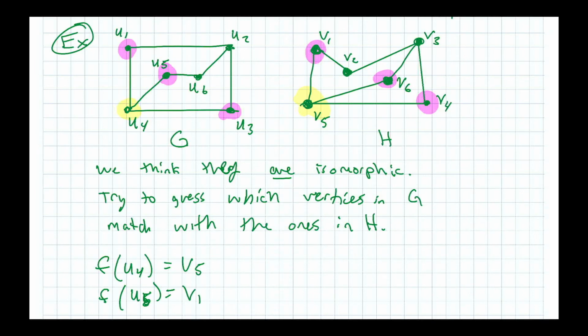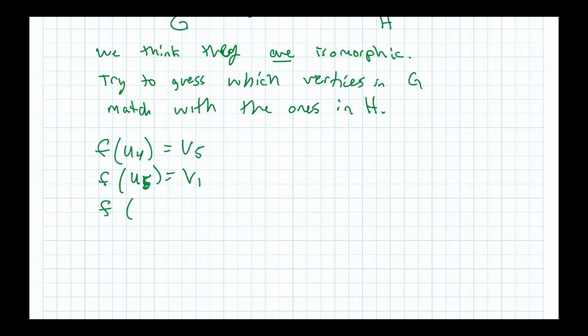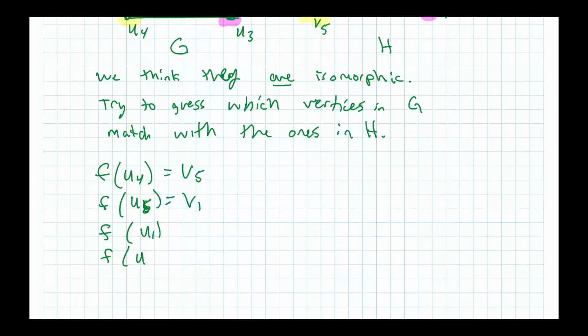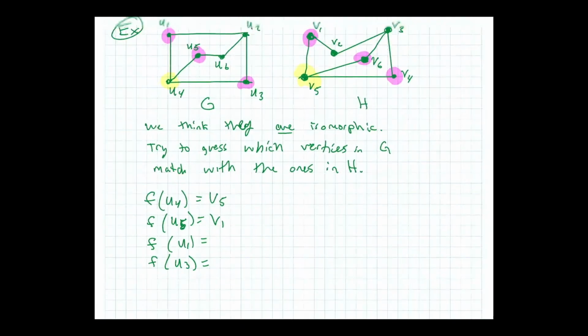Okay, now what about the others? Well, we have U1, that's the other one, and we have U3. Well, when you're looking there, U1 is corner, like degree 3 up to a degree 2 over to a degree 3. And here we have V5 to a degree 2 to a degree 3. And also we have V5 to a degree 2 to a degree 3.